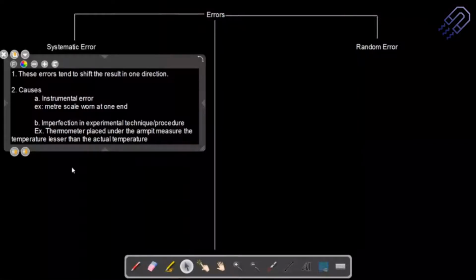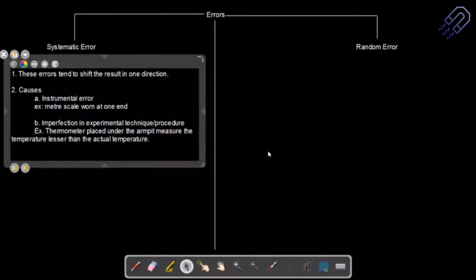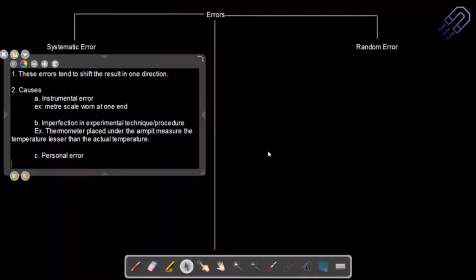Your body temperature is usually measured with the thermometer kept inside your mouth, right, below your tongue. But in general, if we are taking the measurement under the armpit, you are going to get a temperature which is less. So that is an imperfection in experimental technique. So these examples that I've taken are basically from real life. Okay, so personal error can also be considered as one example.